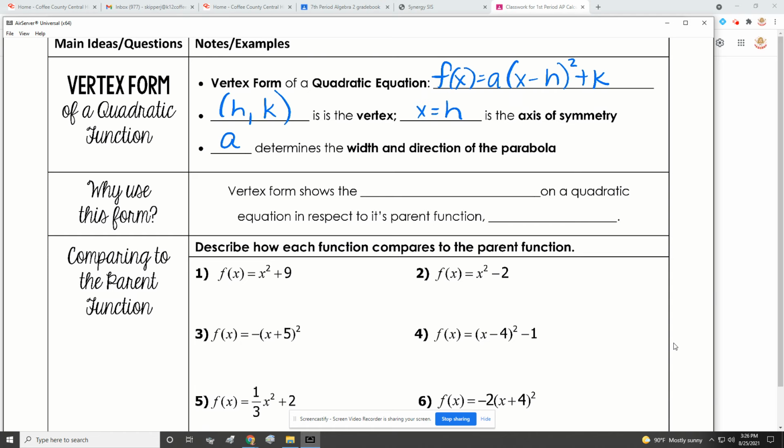Vertex form shows the transformations of a quadratic equation with respect to the parent function. The parent function is just y equals x squared. All of the other parabolas that we graph look like it, but are shifted or stretched or compressed or flipped.